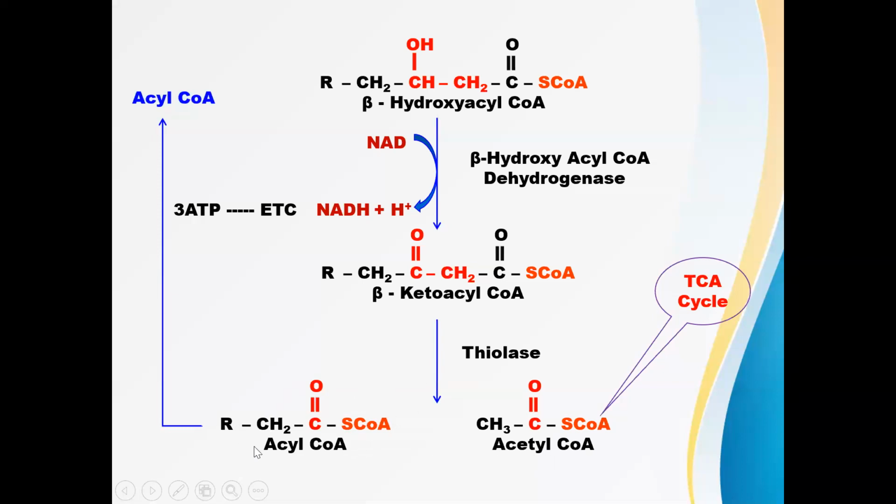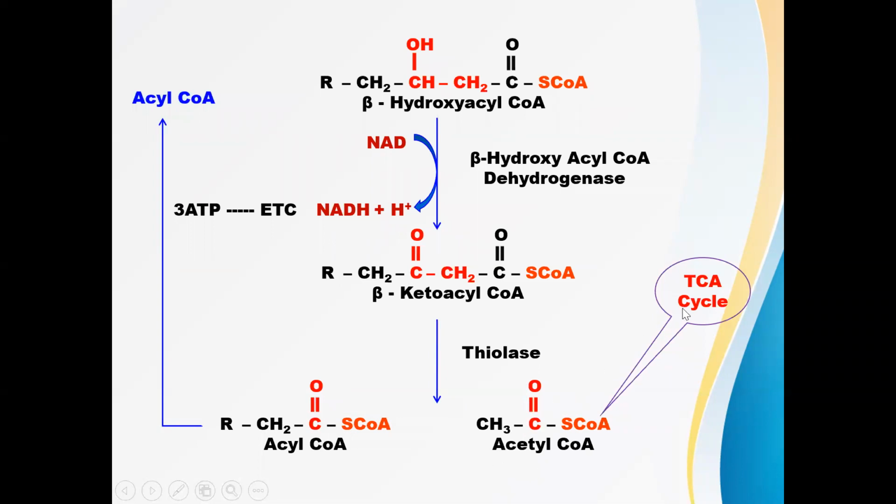This acyl CoA again enters the cycle of beta oxidation. The cycle continues until the complete oxidation of the fatty acid. After every cycle, there is release of acetyl CoA, which is a 2 carbon atom unit.